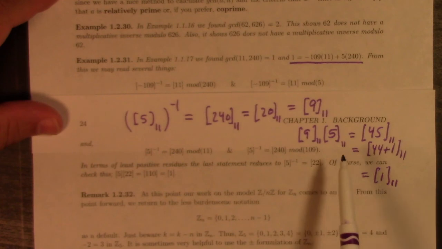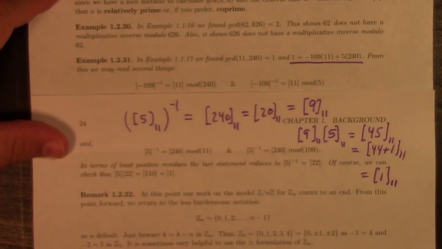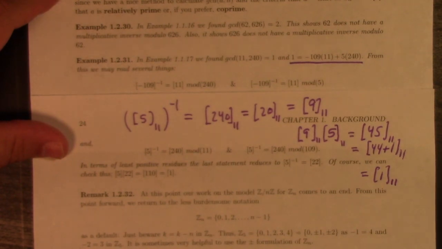Of course, on the other hand, you could look at the purple underlined equation as a tale about mod 109. So 5 mod 109 inverse is equal to 240, oh, I'm sorry, not 11, 240, mod 109.